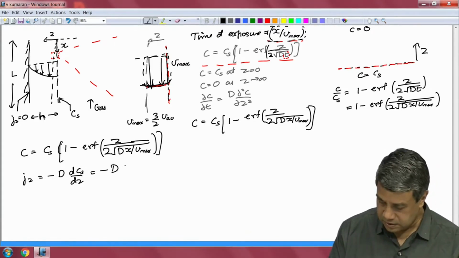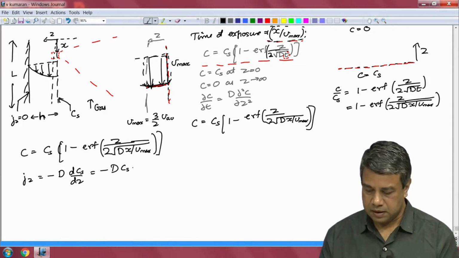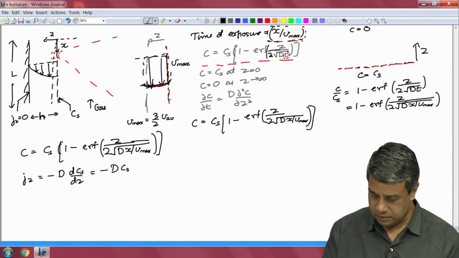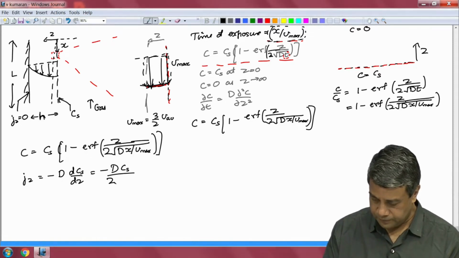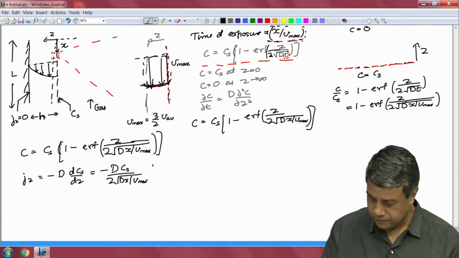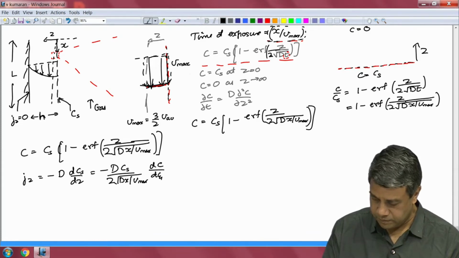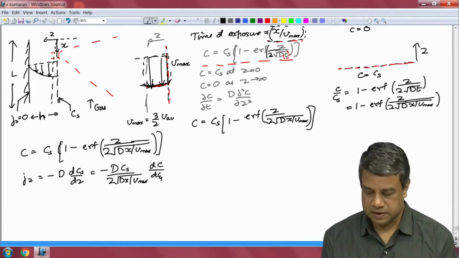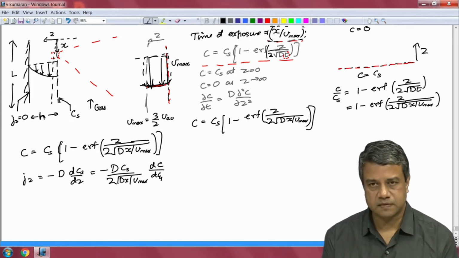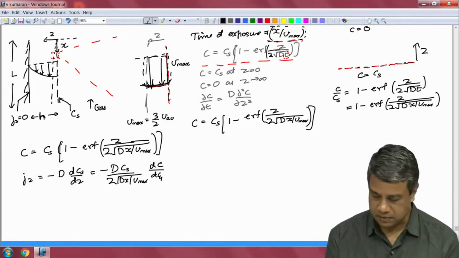into Cs, and using chain rule for differentiation, express z in terms of psi, and this is the solution that you will get.